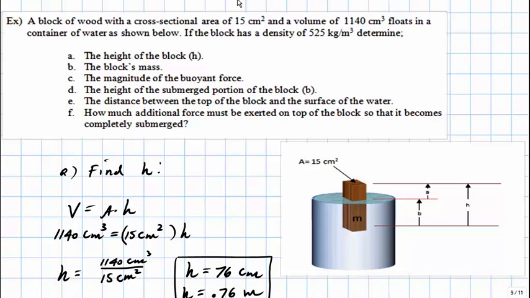In part F, we need to determine how much additional force must be exerted on top of the block so that it becomes completely submerged. We're going to have to construct another free body diagram in order to determine the value for this force.